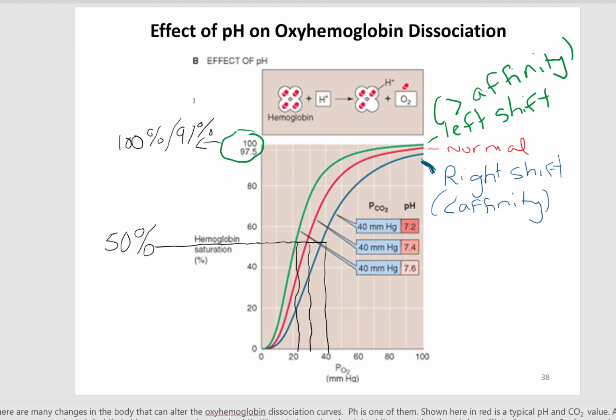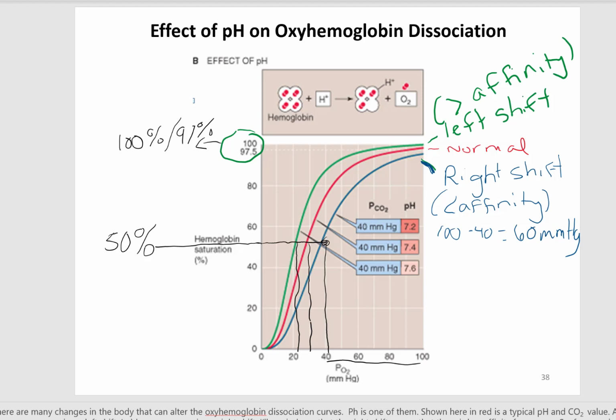If we look at the blue right-shifted curve, we only have to go from 100 to 40, which is a change of 60 millimeters of mercury, to go from 100% saturated to 50% saturated.